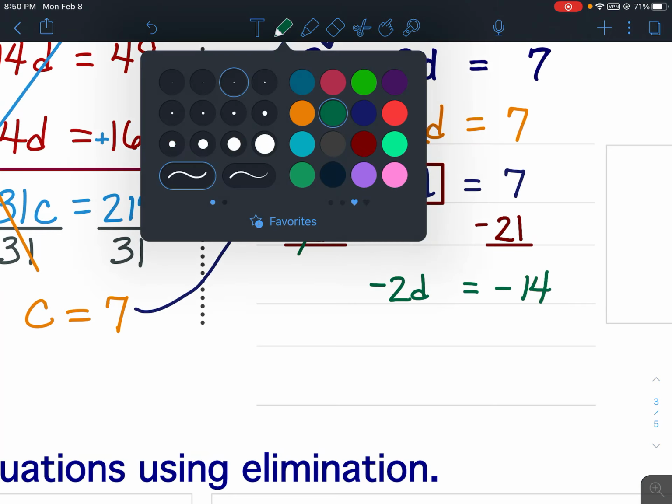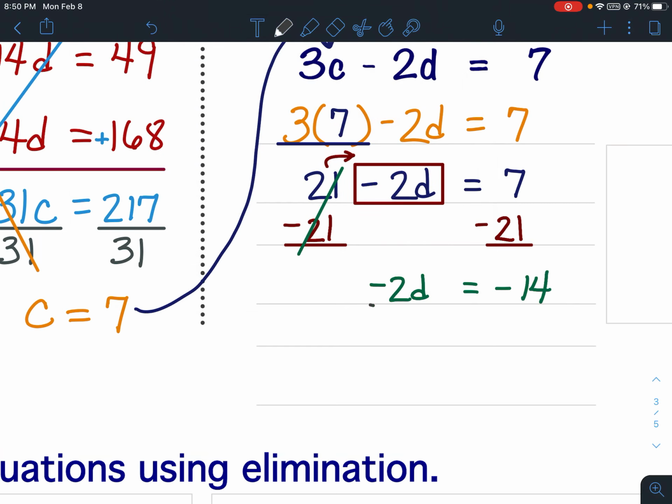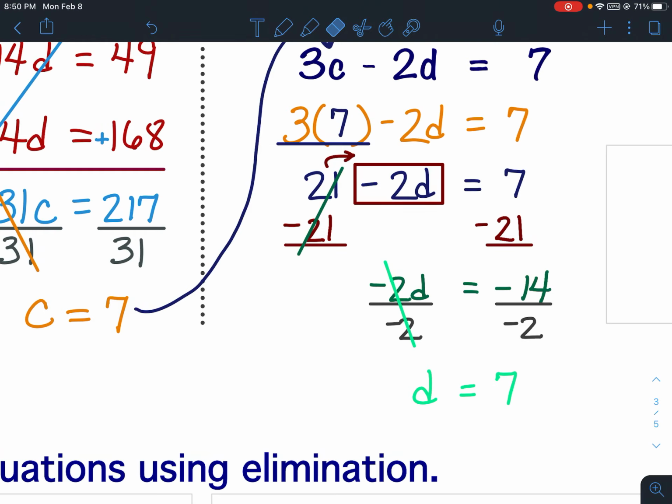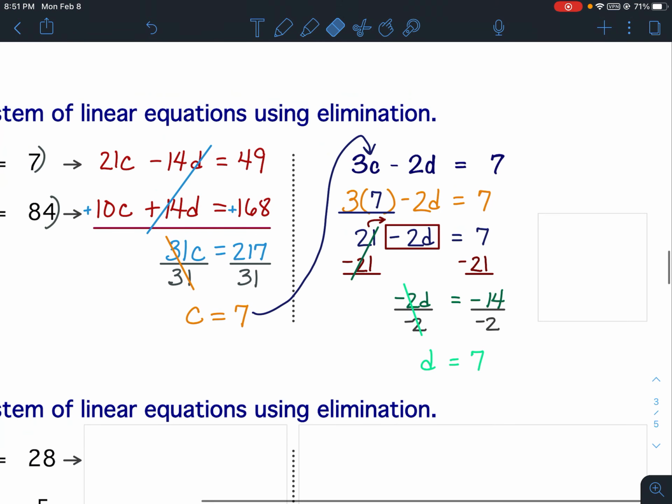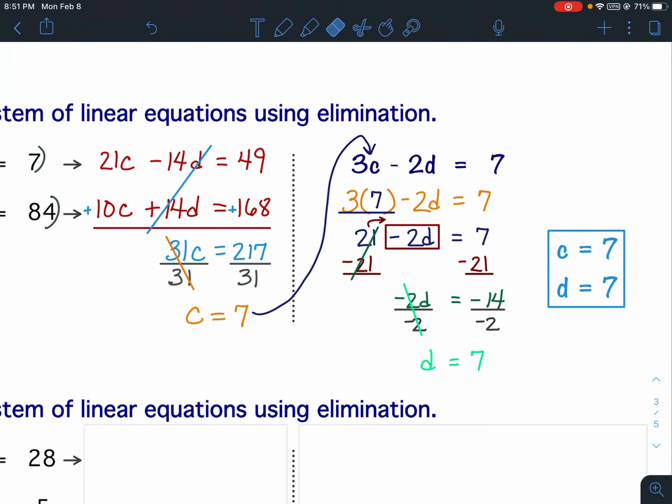One more step. Divide both sides by negative 2. Negative 14 divided by negative 2 is positive 7. So we have c equals 7 and d equals 7.